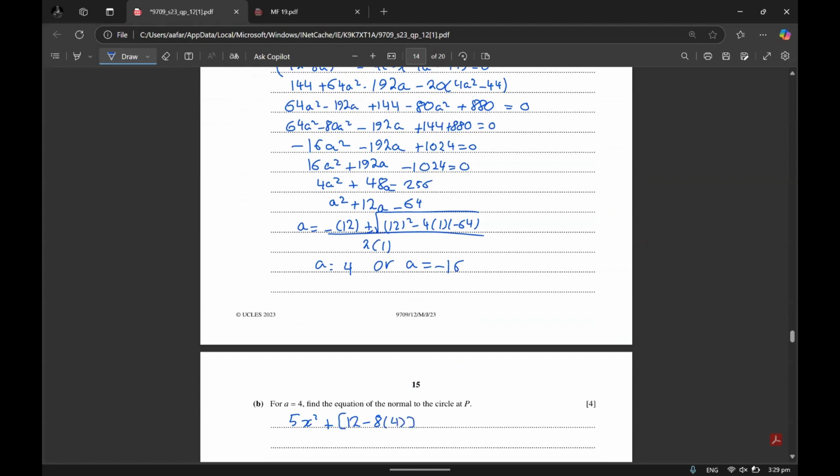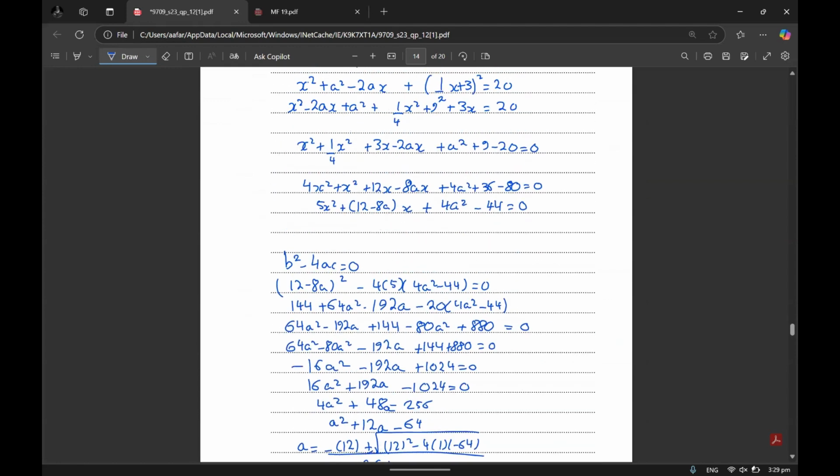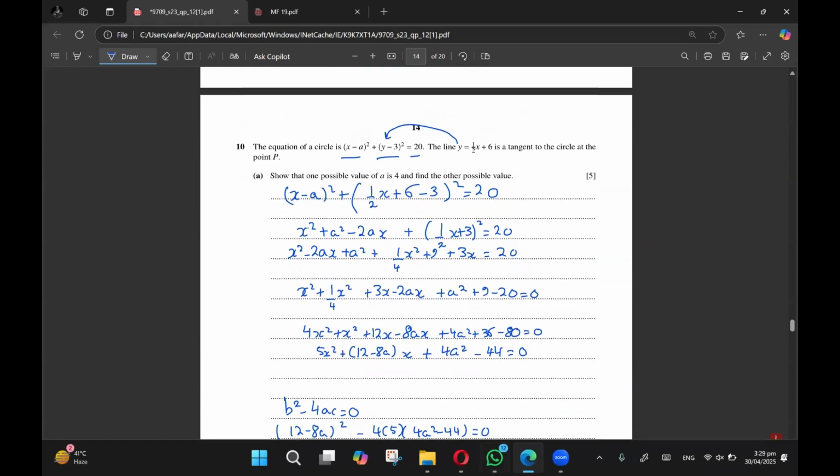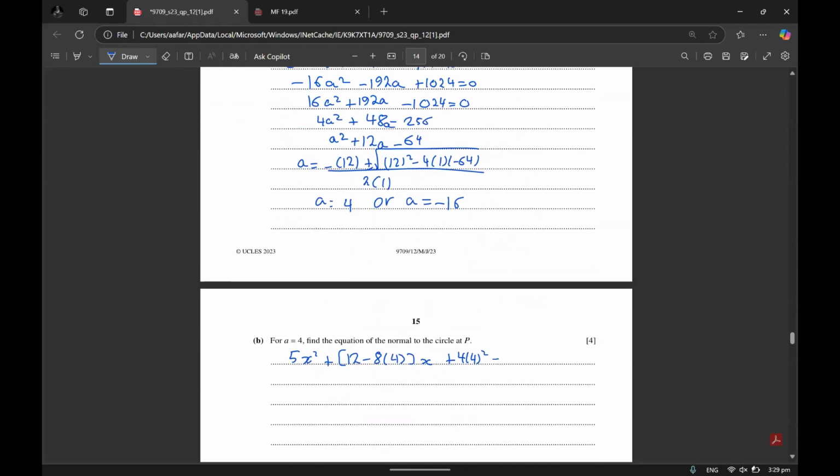We put 4x plus 4 whole square minus 44. Simplify.